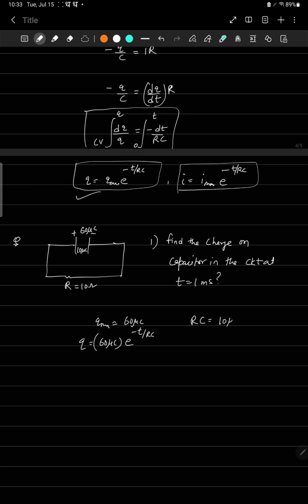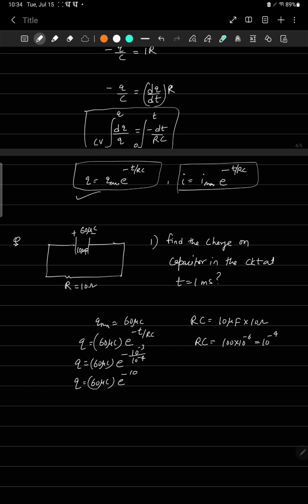Simply calculate 10 microfarad into 10 ohm, so RC equal to 100 into 10 to minus 6, which is 10 to minus 4. Q is equal to 60 microcoulomb e to power minus 10 to power minus 3, 1 millisecond, divided by 10 to power minus 4, which comes out to be e to power minus 10.